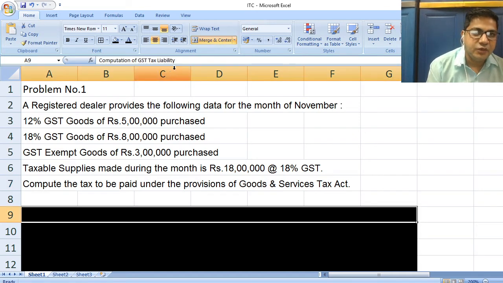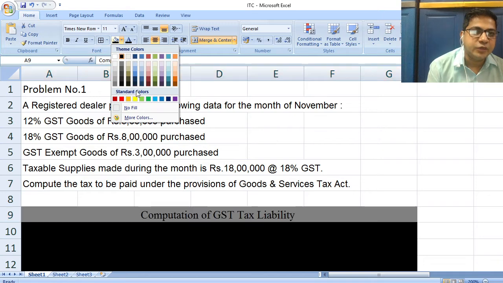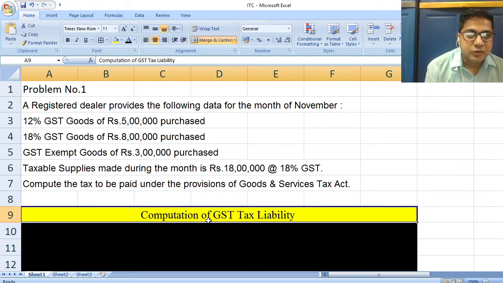Friends, we have to find out here the GST tax liability, goods and service tax liability. Now how will we find out? Here there are various kinds of transactions in the month of November. The registered dealer purchased 5 lakh of goods, 8 lakh of goods, and 3 lakh of goods.